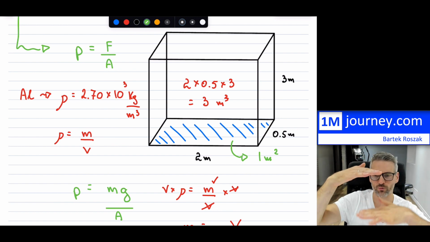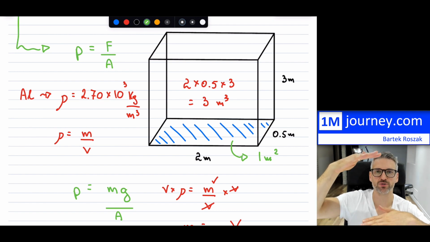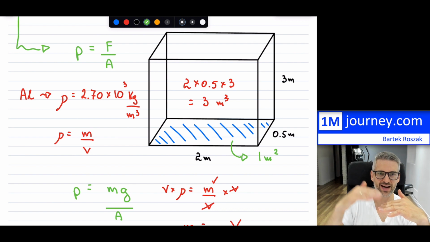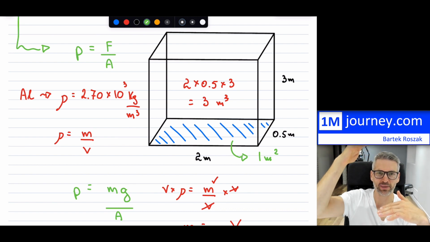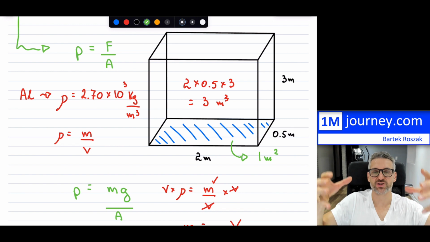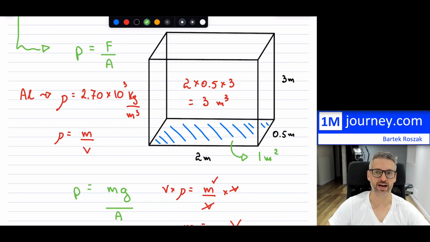If you go 1 meter into water, for instance, there's quite a bit of water on top of you. If you go 2 meters, now there's more water on top of you. So if you're looking at a solid and the height was bigger and bigger, the pressure is going to be more and more because we have more mass sitting on top of a surface area.